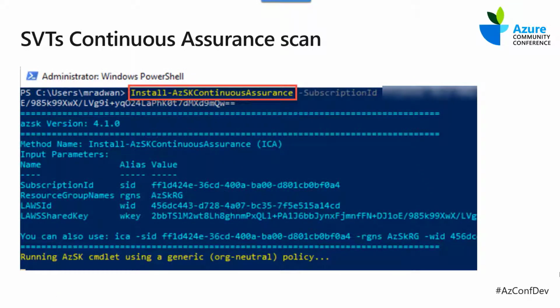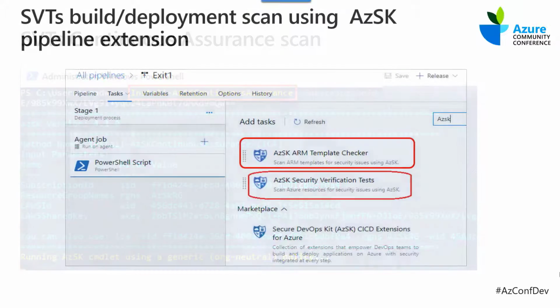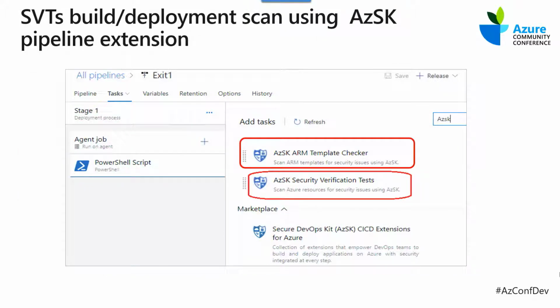We also run the continuous assurance verification test, which will install the continuous assurance on the Azure subscription and create Azure Automation and a runbook. We can also run it as a part of the build and deployment by having the extension for Azure Pipeline, which runs to scan the infrastructure.